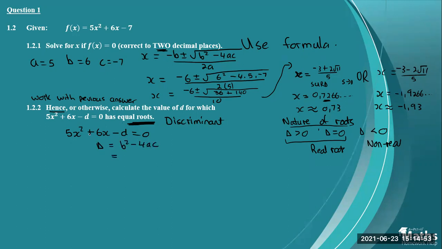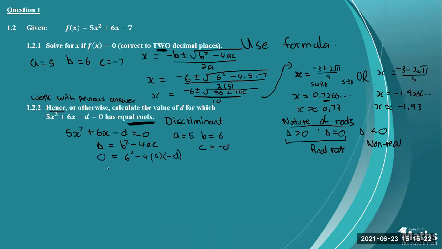equal to 0 and work with it. Again, what is your a value? The a value is 5. The b value is 6. And the c value will be everything that doesn't have an x or an x squared, so the c value will be negative d. So b squared will be 6 squared minus 4 times a, which is 5, times the c value, which is negative d.